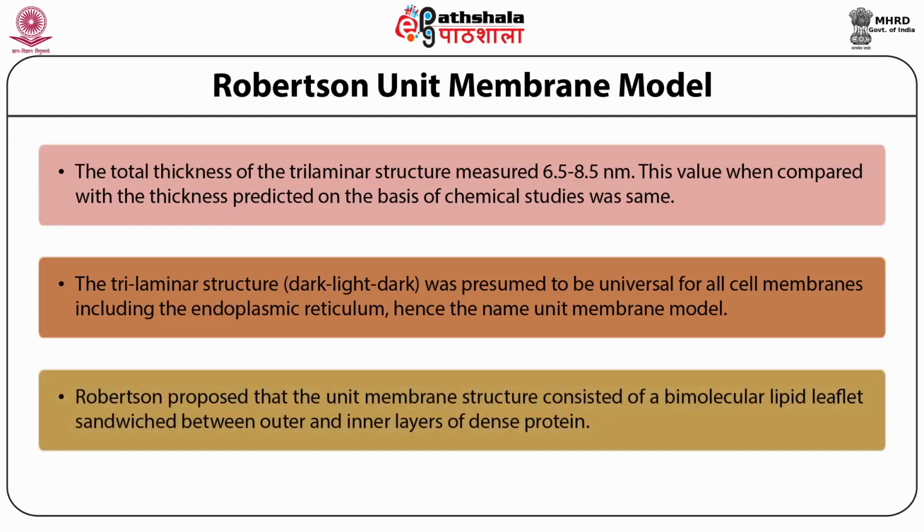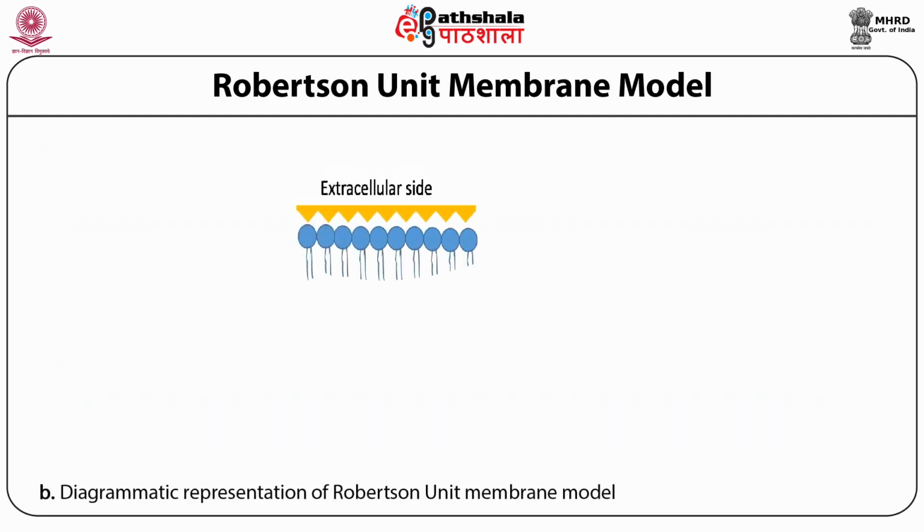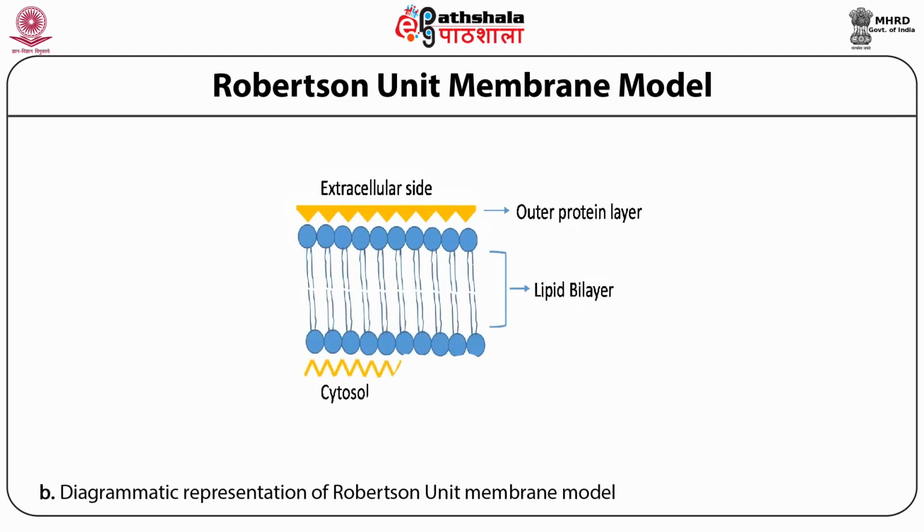Robertson proposed that the unit membrane structure consisted of a bimolecular lipid leaflet sandwiched between outer and inner layers of dense protein. This figure shows the diagrammatic representation of the Robertson unit membrane model.